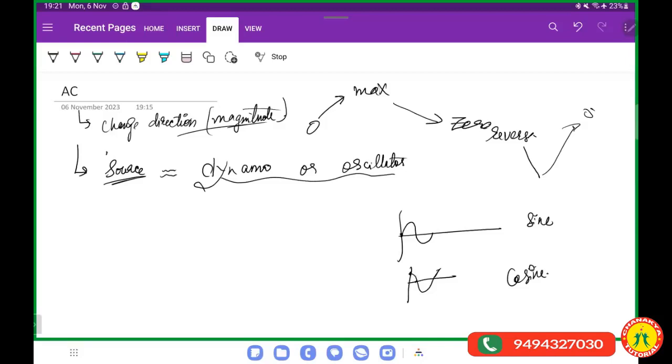When cos 90 is 0, sine 90 is maximum. You observe this. So when sine is maximum, cosine is 0. When cosine is maximum, sine is 0. They are opposite.